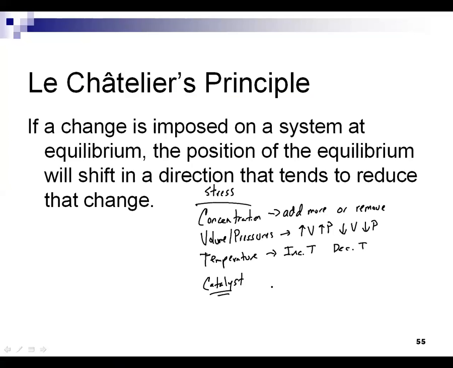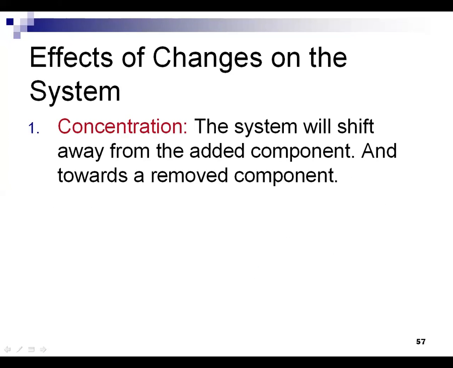It can slow it down, but usually speeds up a chemical reaction. So these are some common stresses that you can apply to a system that's at equilibrium, and it will have perhaps an effect on that system in terms of which way it needs to go to reach equilibrium again. We're going to talk about each of these and what happens with them. So let's first talk about concentration.